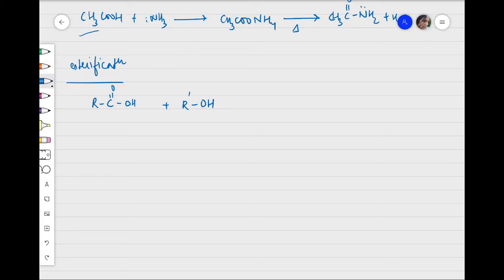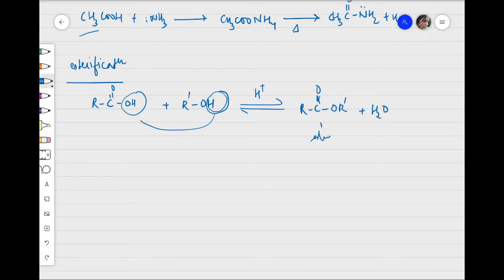I want to show that the alkyl group is different, and the OH of the acid and the H of the alcohol combine. This is a reversible reaction happening in presence of a mineral acid, and I will get RC double bond O OR dash, which is what we know as ester.